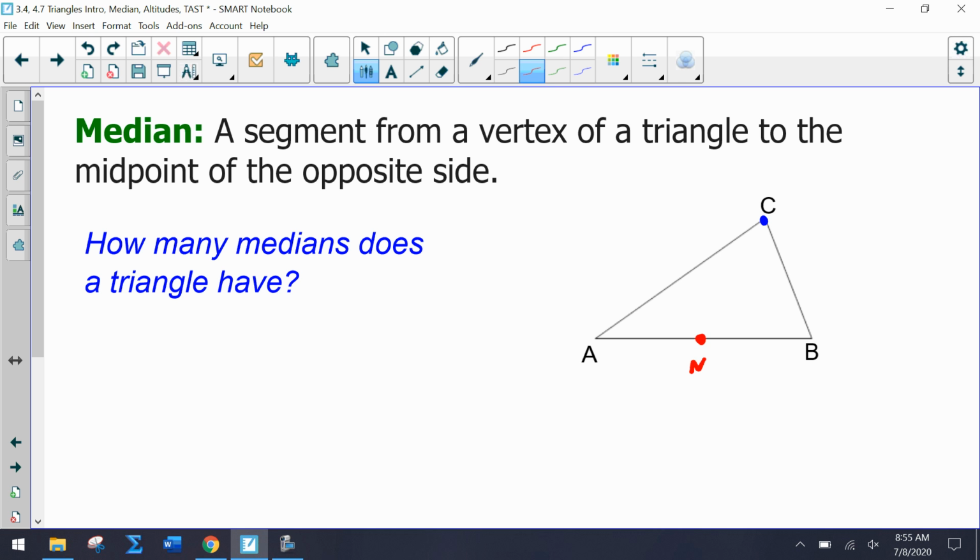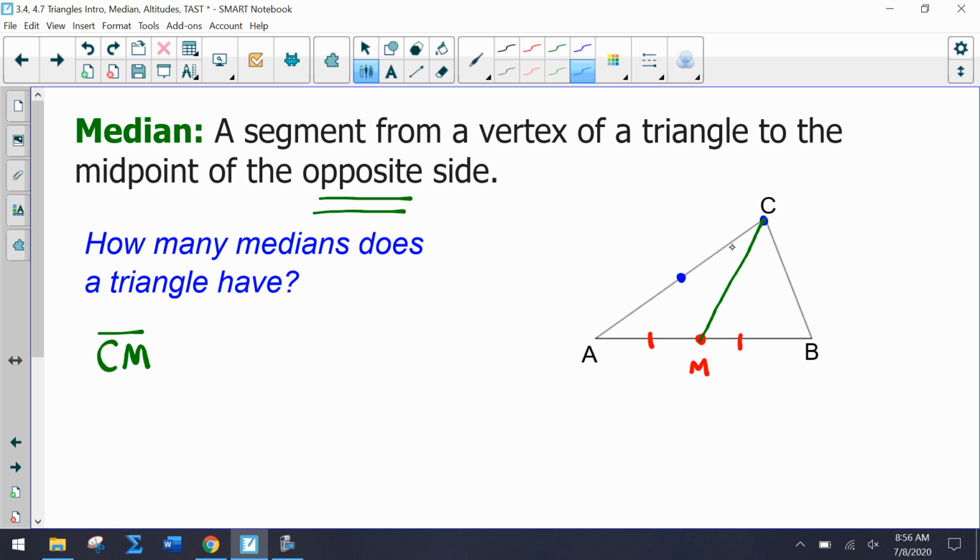I'm going to call that midpoint M. So the median is that green line segment that I'm drawing that connects point C of the triangle to the midpoint of the opposite side. Okay, so that's one. So we have CM is a median.